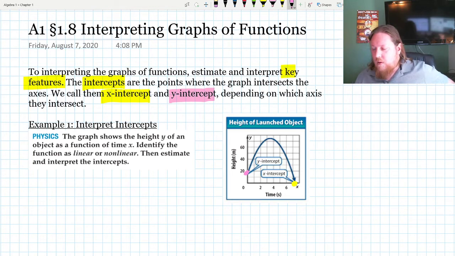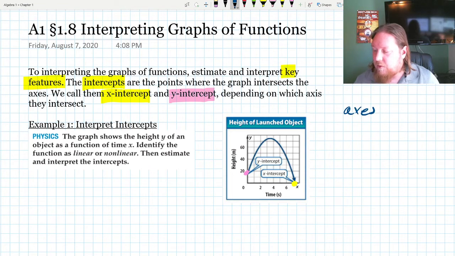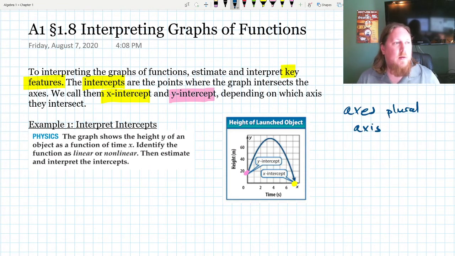But that's the whole idea: if you can see where it's crossing the axes, which is the plural of axis. So this is the plural, right? It's not axes, it's axes, math.